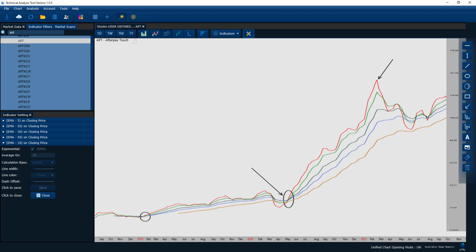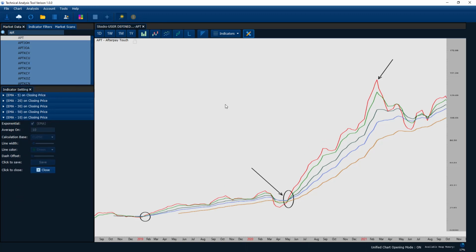Unless you guys have more questions to ask, you can always leave your comments below, and we'll answer your questions, because this is just a tutorial on how to configure and turn on and off these indicators in our application.